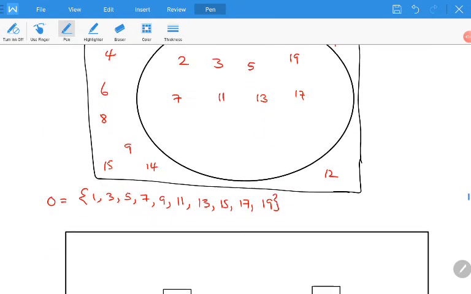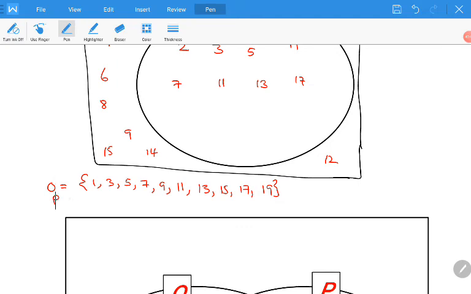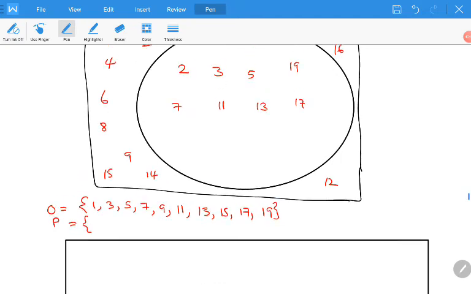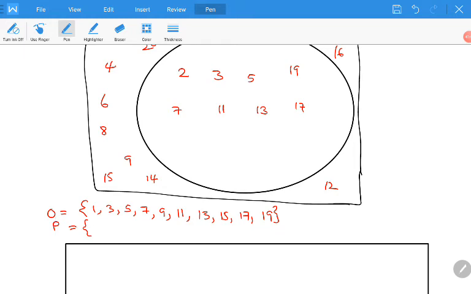Then the prime numbers that I have, we have 2, 3, 5, 7, 11, 13, 17, and 19.